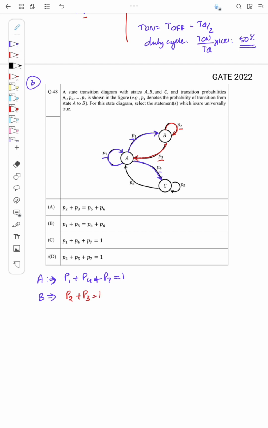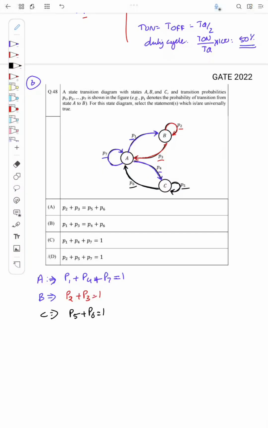And what about the state C? State C, if you see here, can either remain at C itself or jump to A, with probability P6 and P5, right? So the net probability P5 plus P6 equals 1.